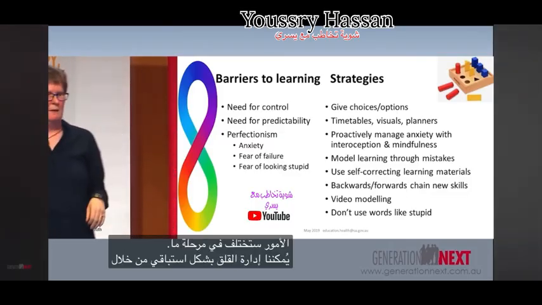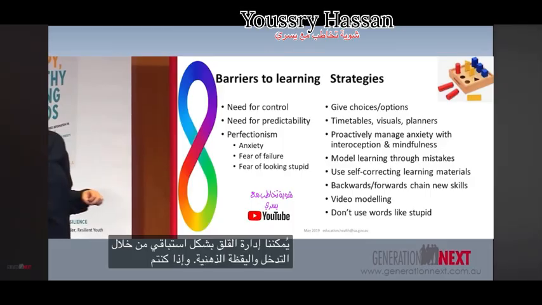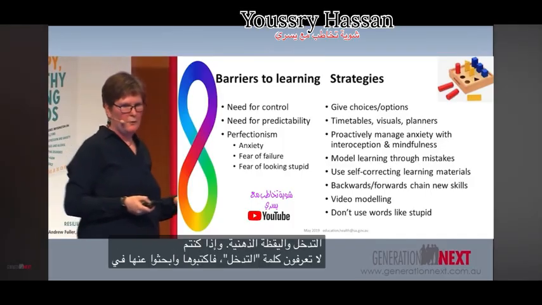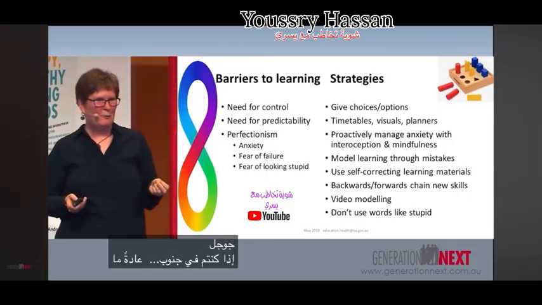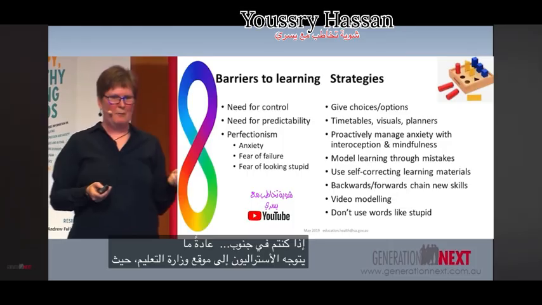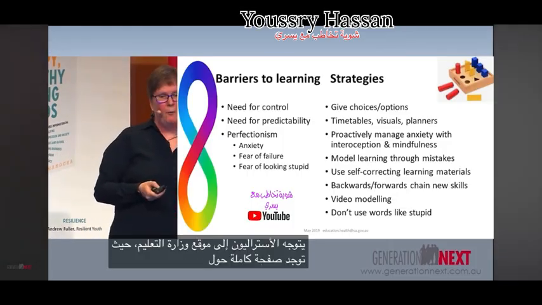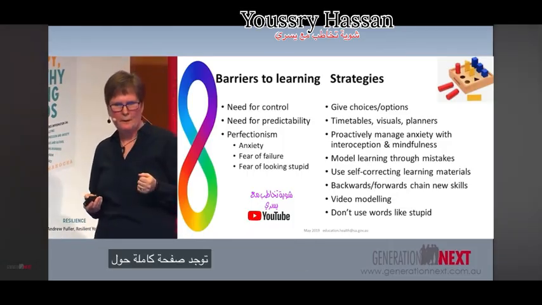We can proactively manage anxiety with interoception and mindfulness. And if you don't know the word interoception, please write it down and Google it. If you are in South Australia normally, go onto the Department for Education website. We have a whole page on interoception.